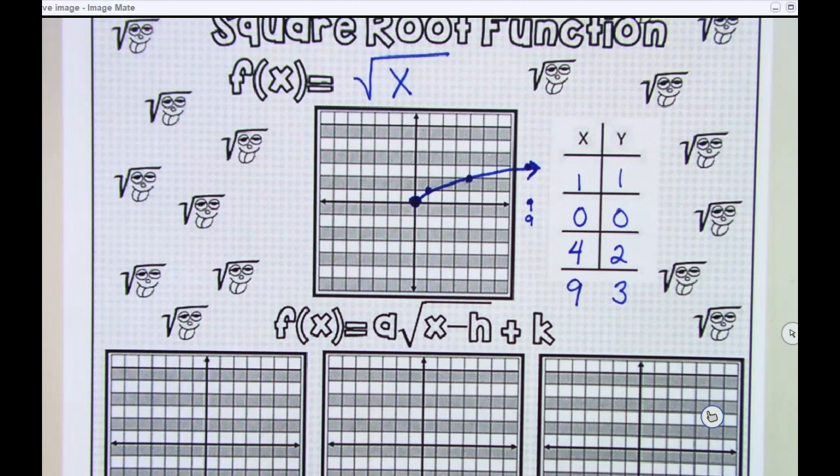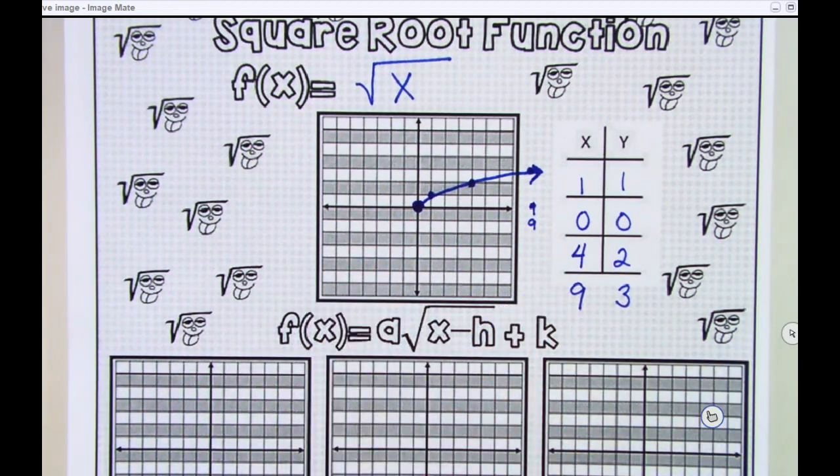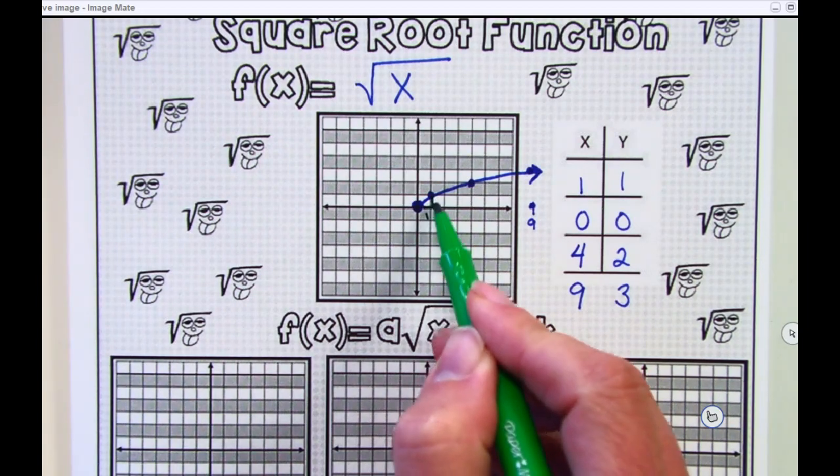I don't know how many of you saw me when I was talking about the square root function that I kept doing this with my finger, making an arc, because I can't help but talk about it and think about its graph. We know it cannot continue to the left. Why? Remind me? Yeah, it's imaginary that way, right? So we can't graph to the left. Now, if we remember this pattern, we start, and then we've got over 1, up 1.